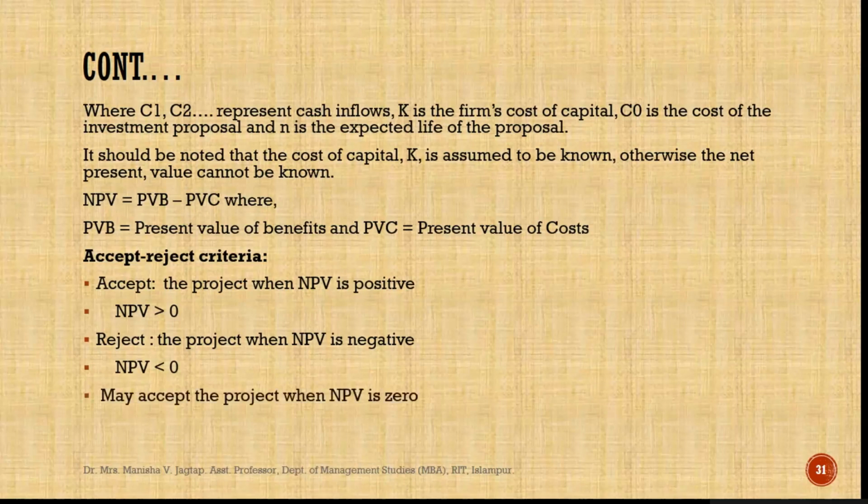Or the firm may accept the proposal when NPV is equal to 0. So it depends on the organization whether to accept it or reject it if it is equal to 0. So this is the criteria used for accepting or rejecting any proposal project by using net present value method.